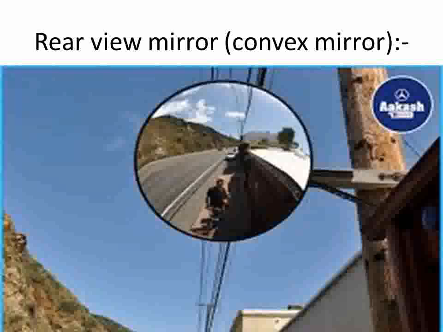This application is also used in metro railway stations. Large mirrors are placed and the whole area of the station can be observed in the convex mirror for safety purposes.